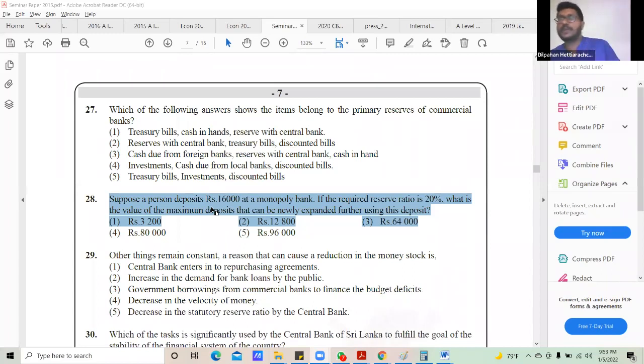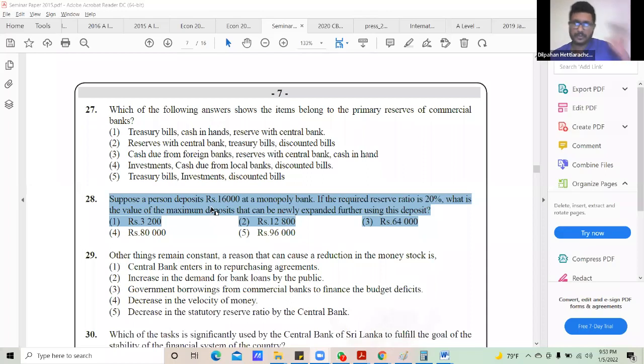But when we do our calculations, if the calculation is regarding a monopoly bank, you have to do it as a banking system calculation. Even though it is a bank, since it is a monopoly bank, the whole credit creation, which is normally done by the banking system, will be done by this one and only bank, right?